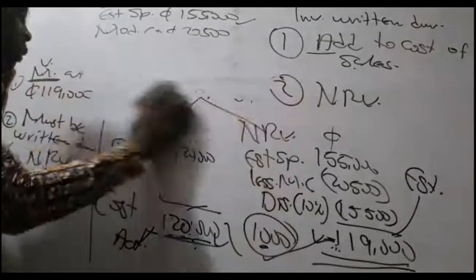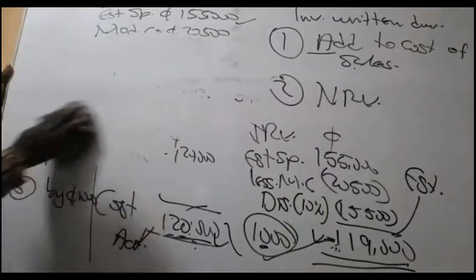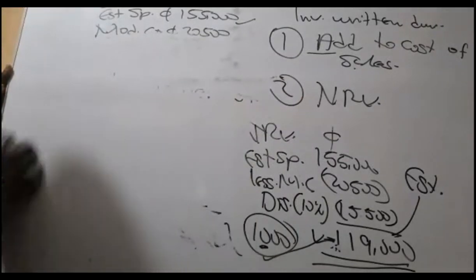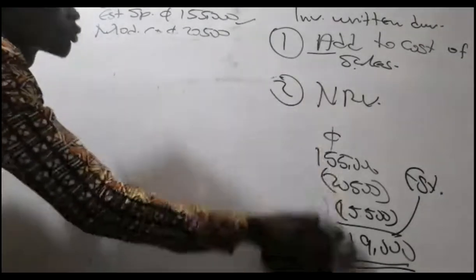Now there's a topic that I have to let you know. Why is it that the NRV is sometimes lower than the cost of inventory? So what are the circumstances that may lead to the NRV being lower than the cost?